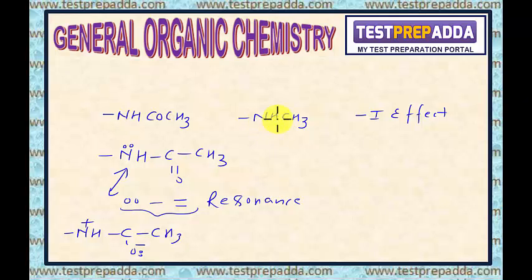While in case of NHCH3, lone pair of nitrogen is not participating in the resonance. That is why nitrogen is not getting any kind of positive charge. And that is why we can easily say that the minus I effect nature of NHCOCH3 is greater than NHCH3. My point is clear.